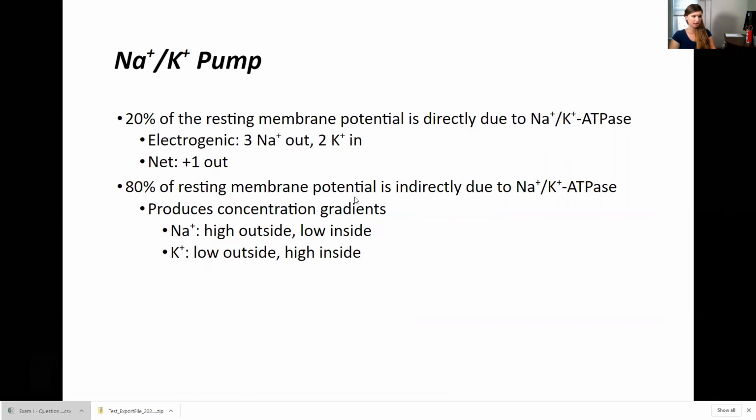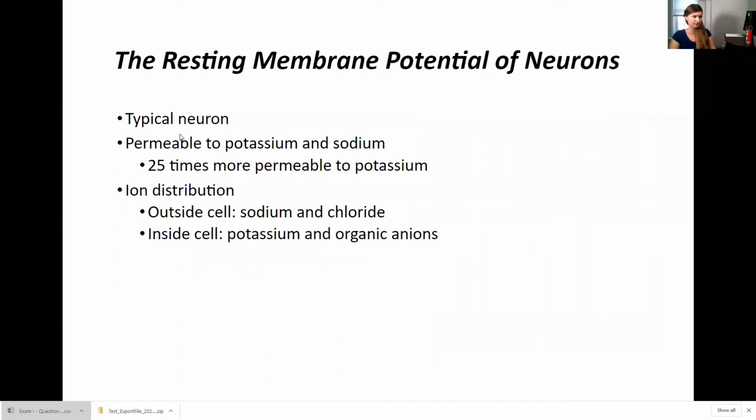And then when we're talking about the potassium moving out down its chemical gradient, this is adding into the rest of that 80% of the resting membrane potential, because as potassium moves down its gradient, the cell gets more and more negative. And we will see that our cell is a lot more permeable to potassium than it is to sodium. So we're going to have a lot more potassium moving out down the potassium gradient than we'll have sodium moving back in.